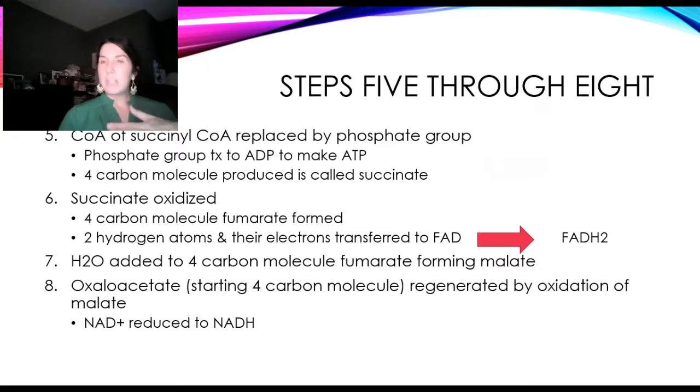So I've simplified it quite a bit, but if you break it down into these 8 steps and look at each one, and then look at a corresponding visualization of the 8 steps, I think it really helps to process what the TCA cycle is and what it does. And it's not quite so anxiety inducing, in my opinion, and it makes it much easier to understand.